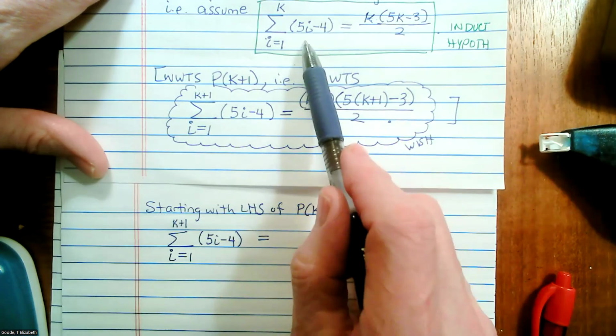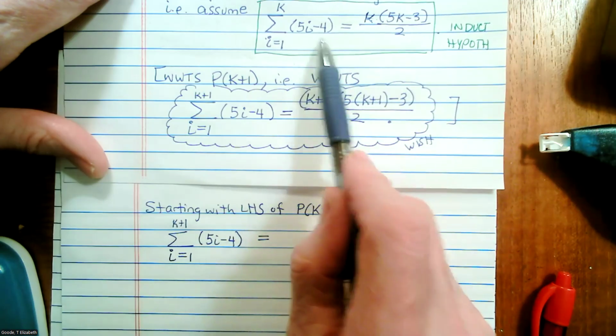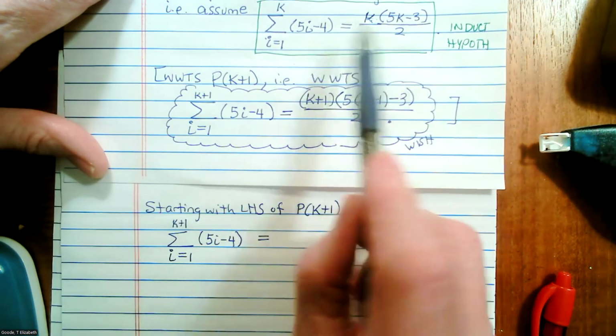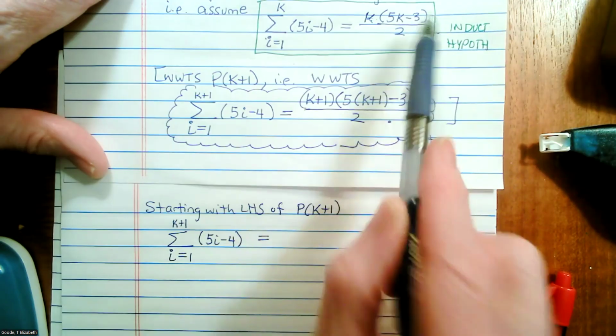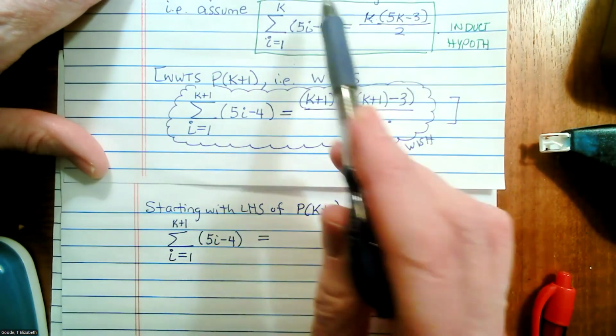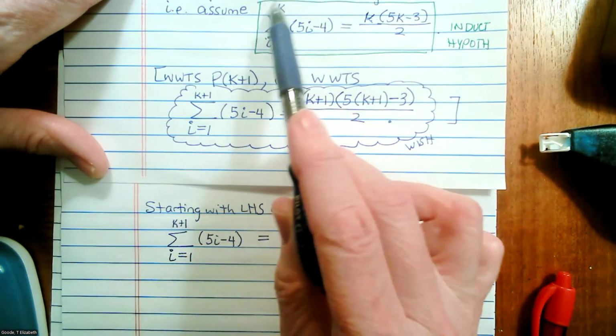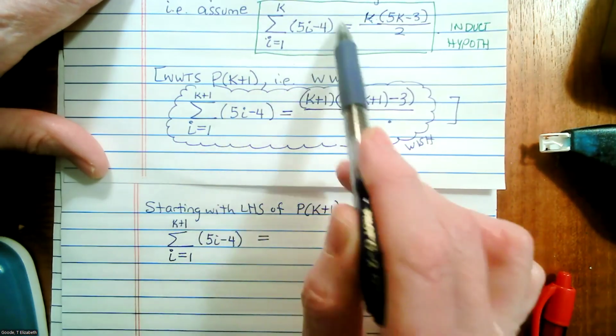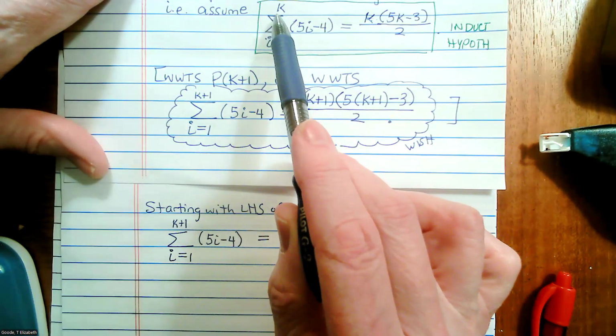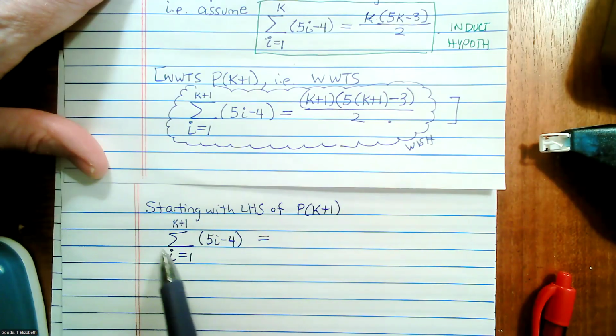Remember, we'd like to use this, but we can only use this if we either see this, and we're nowhere close to that, or we see this, and we're not that far away from seeing the sum from i equals 1 to k. We got more than that here.